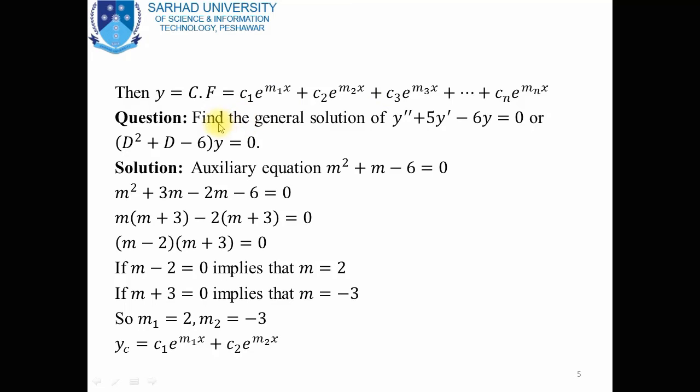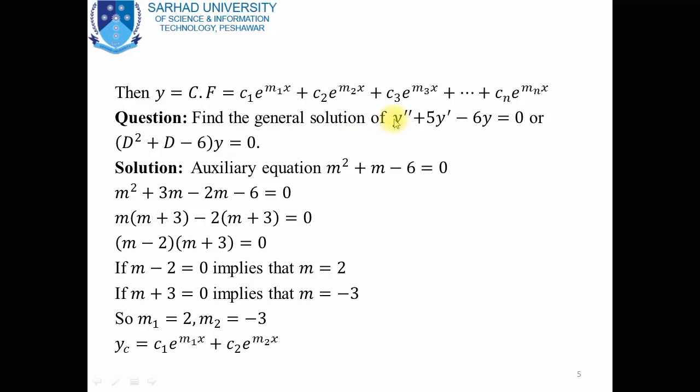Now, for example, find the general solution of the homogeneous linear differential equation of order 2: y double dash, meaning d squared y with respect to x squared, plus y dash minus 6y is equal to 0. We can write this equation in simpler form: (D squared plus D minus 6) y.